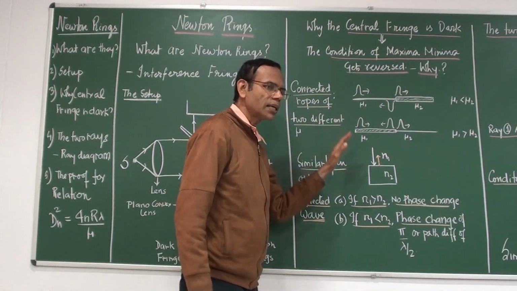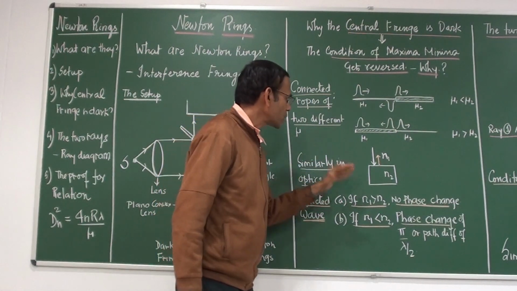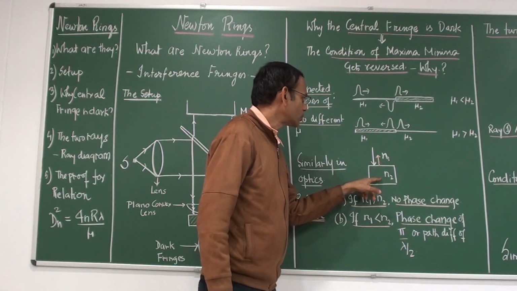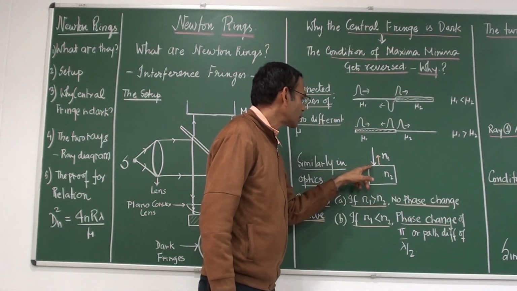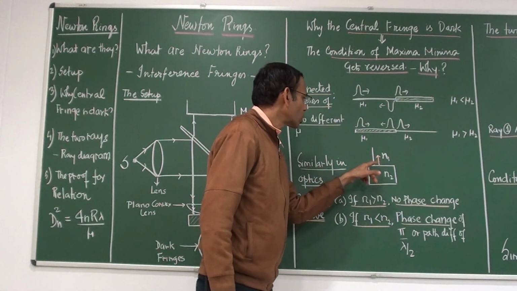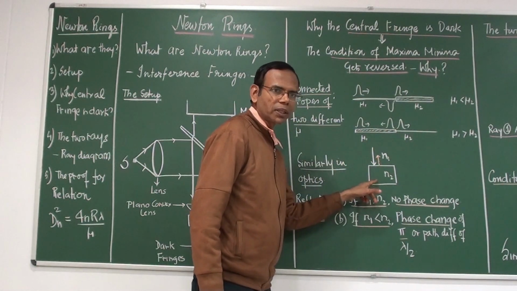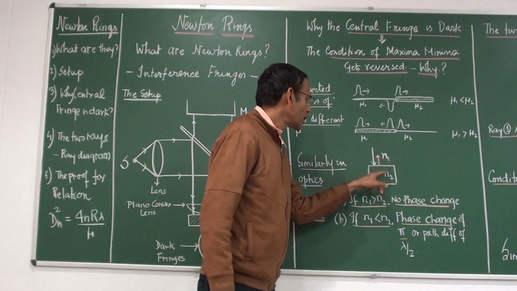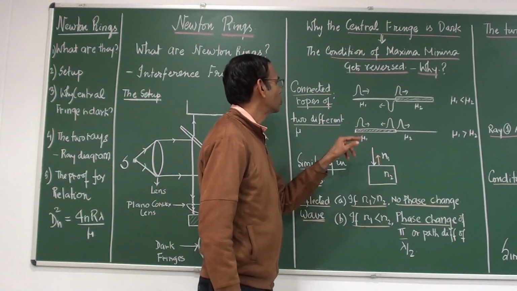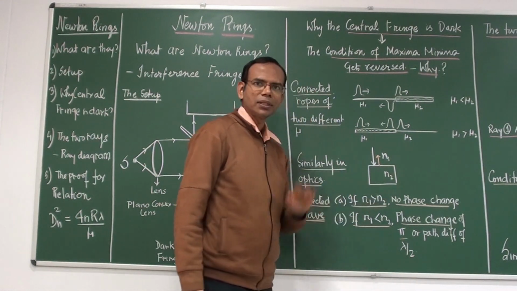Now exactly the same way we see this phenomenon in optics. Suppose there are two media, N1 and N2, and a ray of light is coming and falling onto the interface. So obviously a part of the light will get reflected and a part will get transmitted. If N1 is greater than N2, there is no phase change.